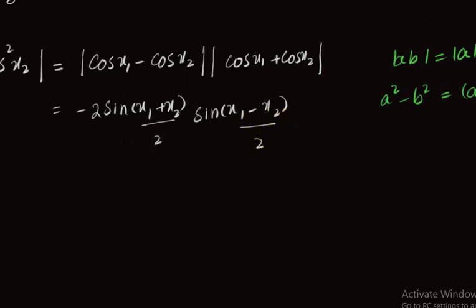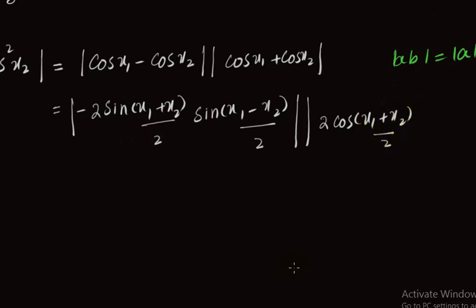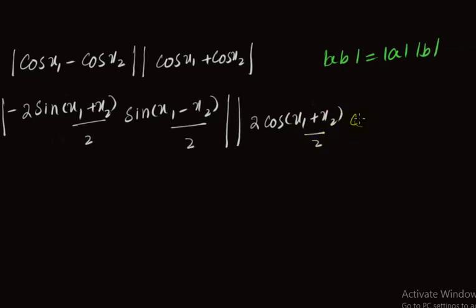Similarly, for cos x1 plus cos x2 we have 2 times cos of x1 plus x2 by 2 and cos of x1 minus x2 by 2, whole mod.